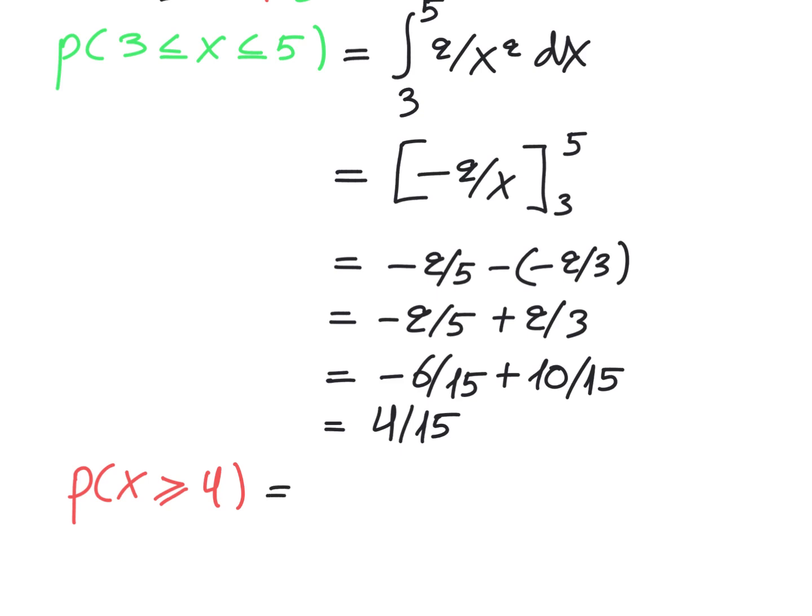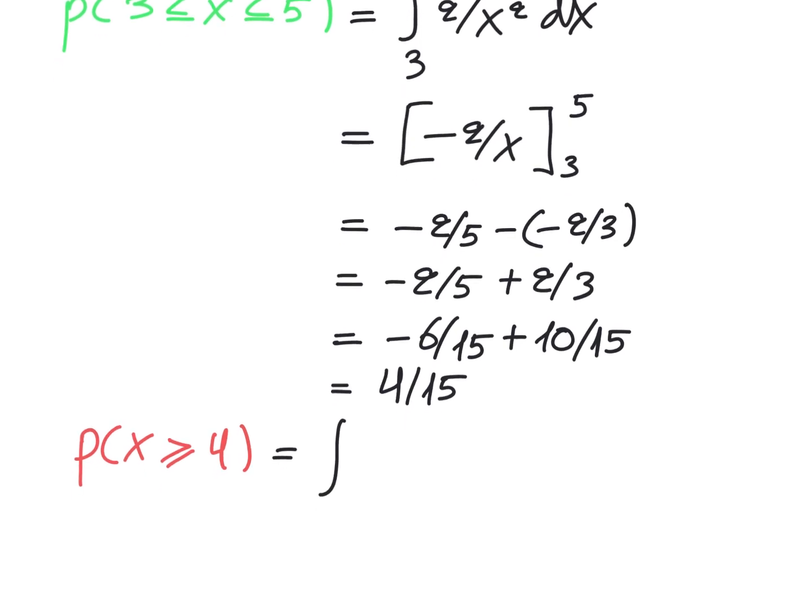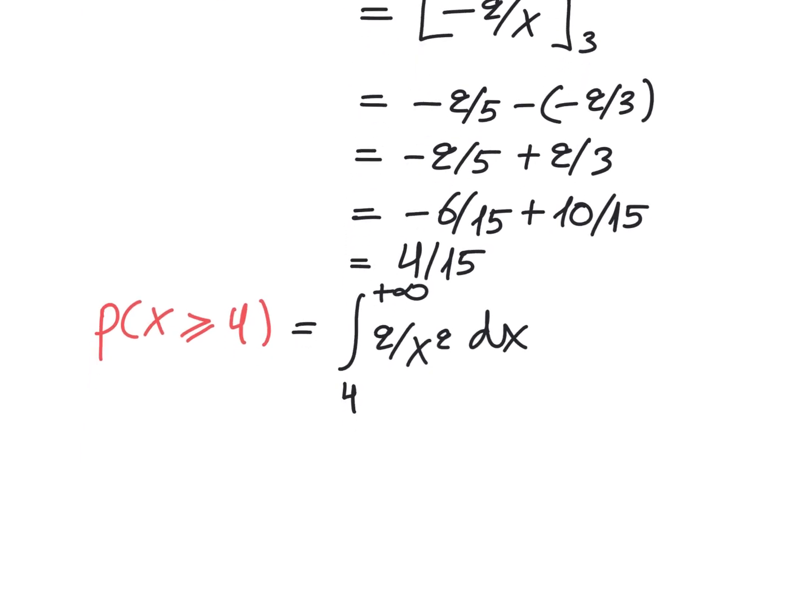So in this case, we once again integrate the probability density function, but here the boundaries will be 4 and plus infinity. Because if x is at least 4, that means that x lies between 4 and plus infinity. We already computed the antiderivative.